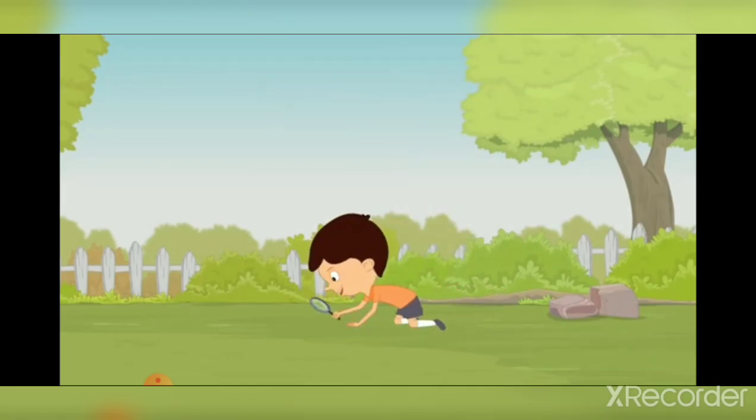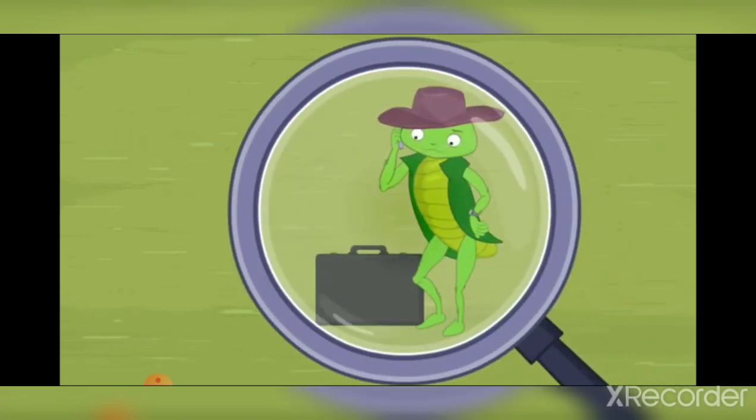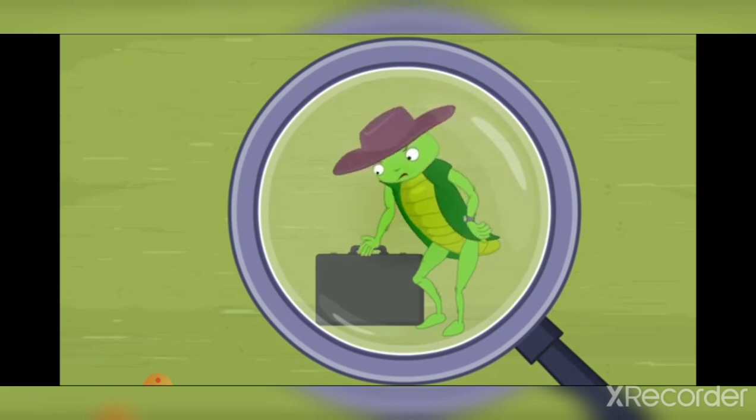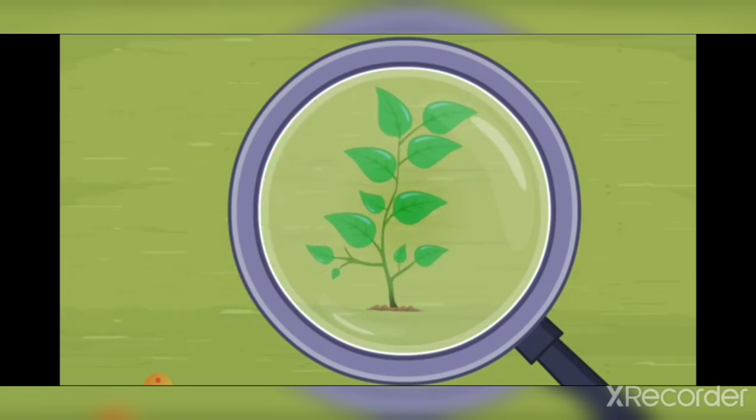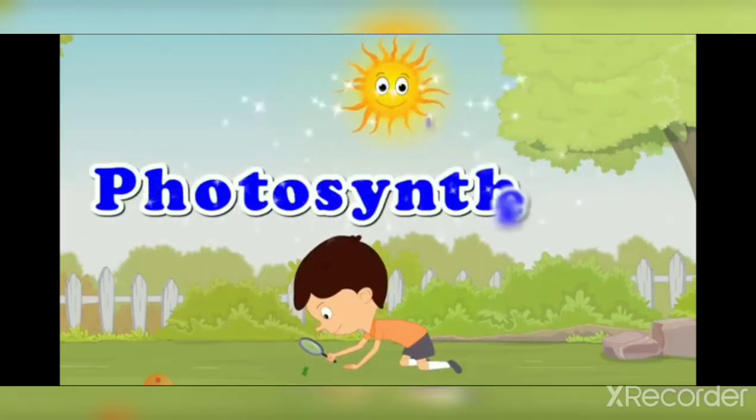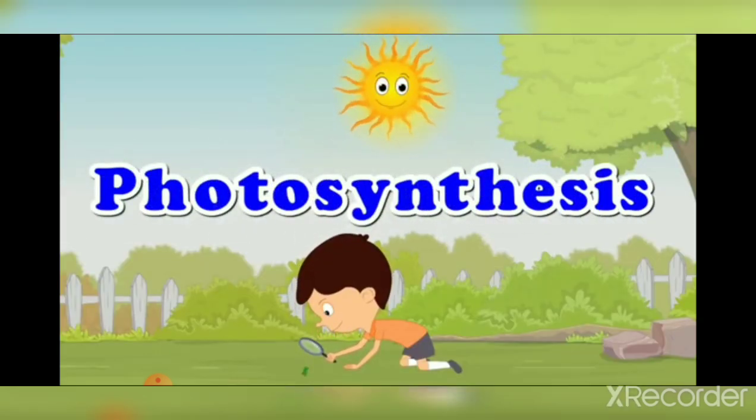Now he sees one leaf standing there. Is that a leaf? No. It is a caterpillar. So not every green thing near a plant is a leaf. So caterpillar, go out from there.